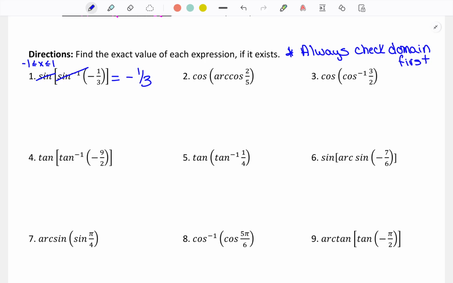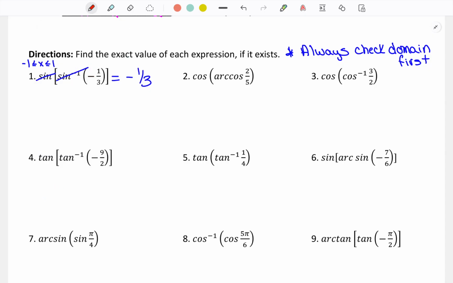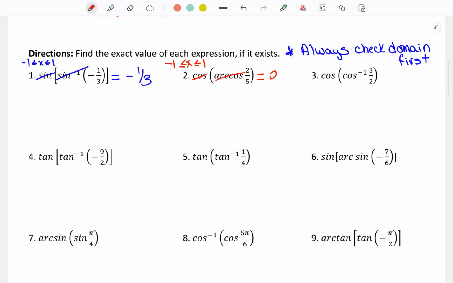Then for number 2, we have the cosine of the arccosine of 2/5. Cosine has to also be between -1 and +1, and so these two can cancel each other, and this equals 2/5.